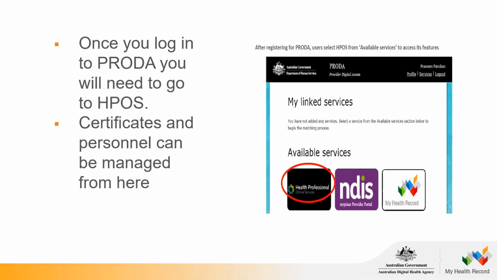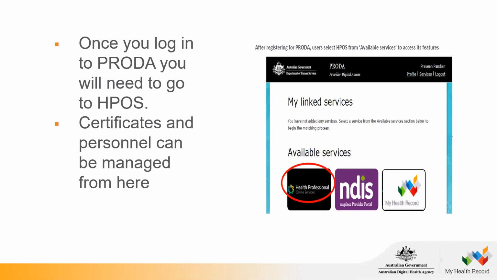It may vary a little bit depending on what you have linked up to your PRODA account. For everything that we're going to talk about tonight in terms of managing links for an organisation or downloading, requesting Nash PKI certificates, then it's going to be through HPOS, that Health Professional Online Services tile that is circled there.